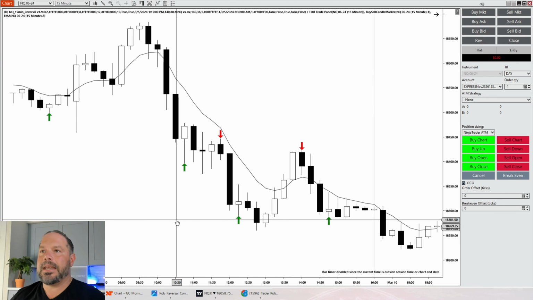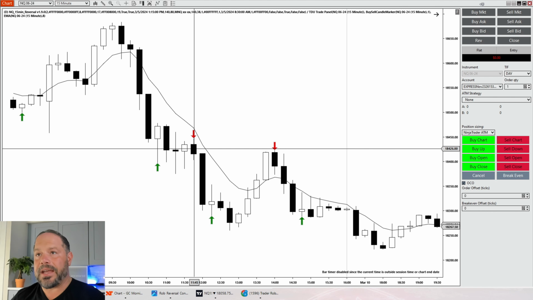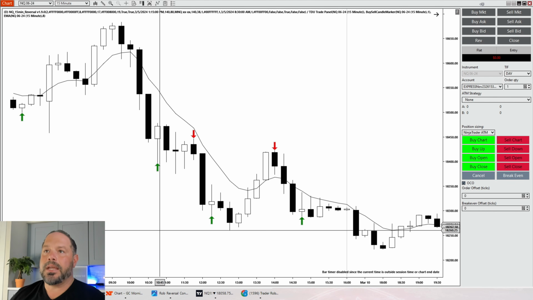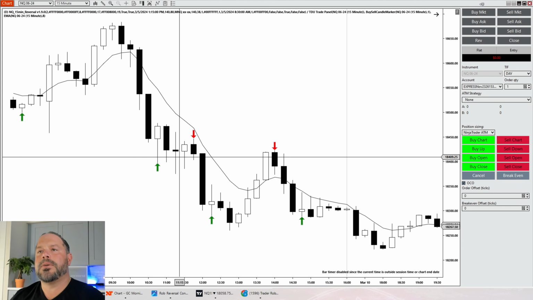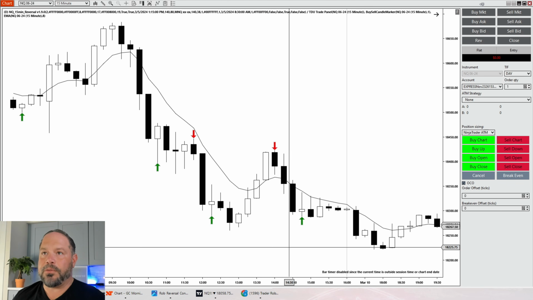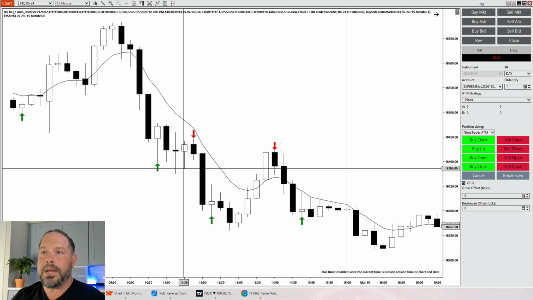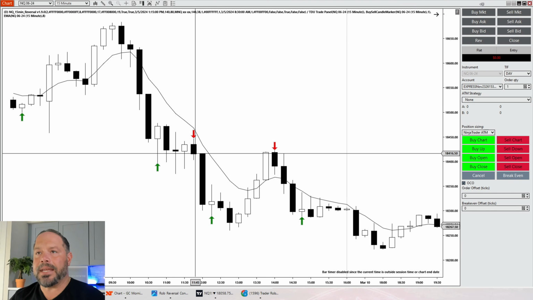Now, we get the next setup, which happened at 11:45 a.m. on March 8th. You can go into your charts and start to plot these yourself, and you can see how these work out. Now, do we have a valid pattern? Yes, we do. To go short, remember we need an up candle. The next candle must be a down candle.